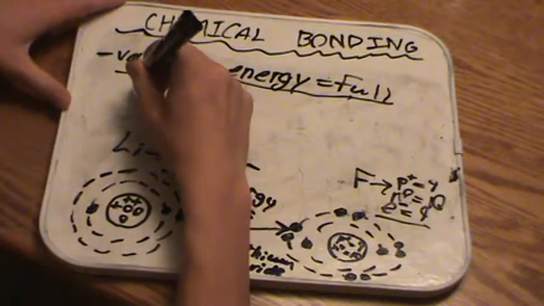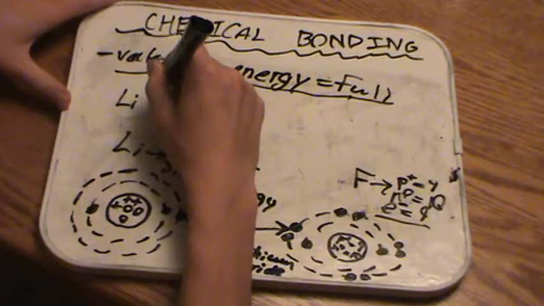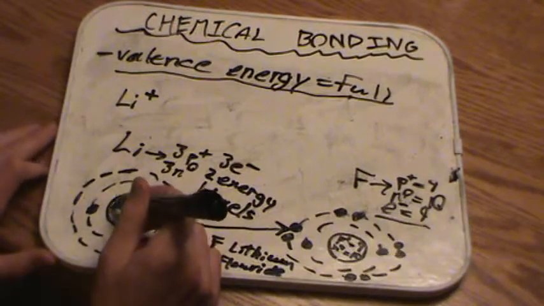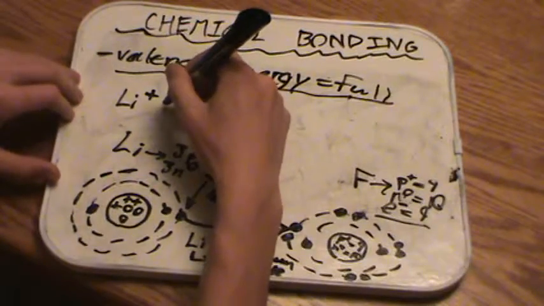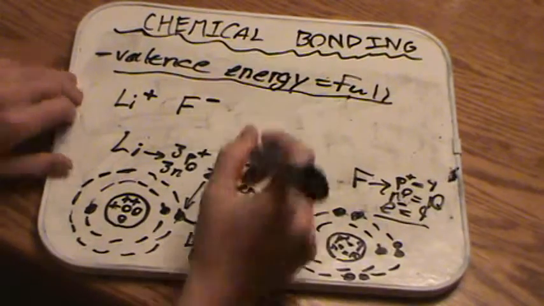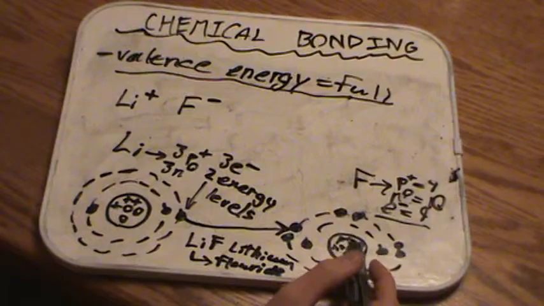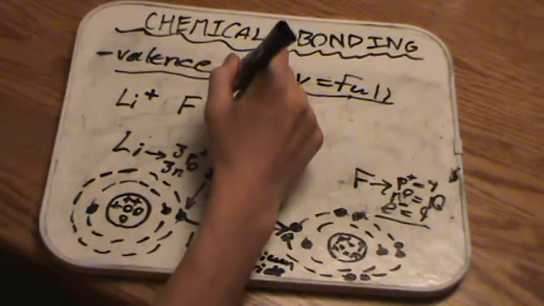So we know that lithium, when it gives away its electron, becomes lithium plus. Because when it gives away a negative, it takes on the positive because it no longer has that negative to balance out. It has more protons, more positive charges than negative charges when it loses its electron. So, when it transfers it to the fluorine, the fluorine takes on a negative charge because now it has more electrons than protons. So therefore, a net charge of negative 1.